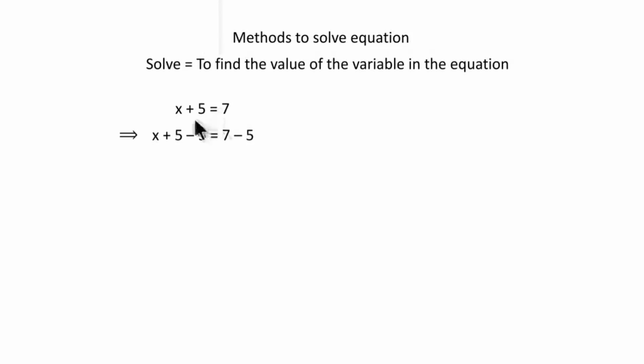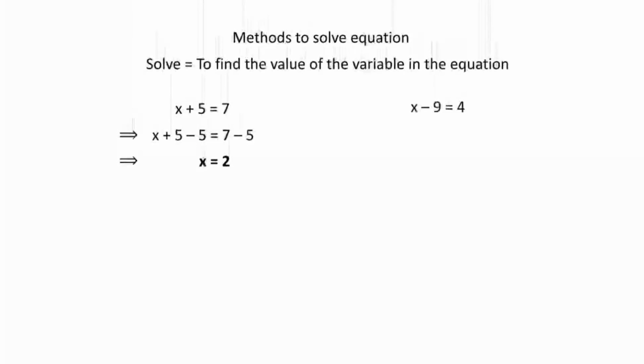That means you subtracted 5 from the left hand side, you need to do exactly the same with the right hand side. So minus 5 and minus 5. The 5 and 5 cancel. Over here 7 minus 5 is 2. So the value of x is equal to 2.